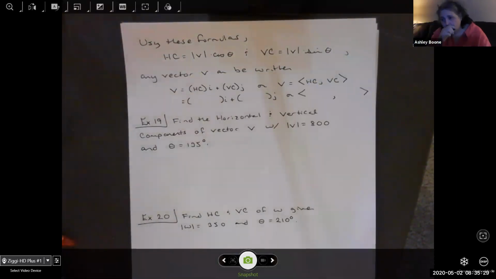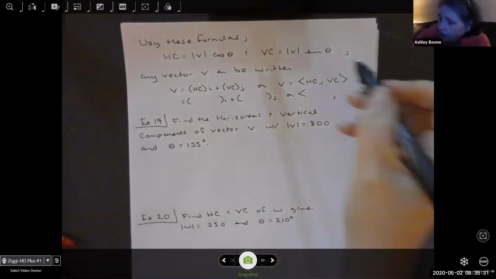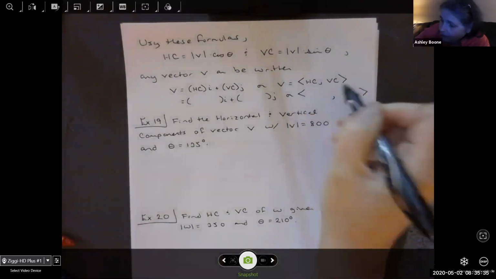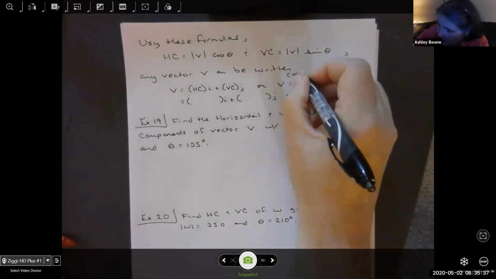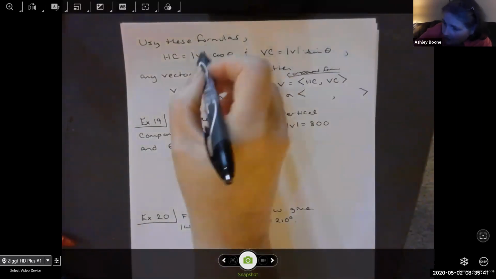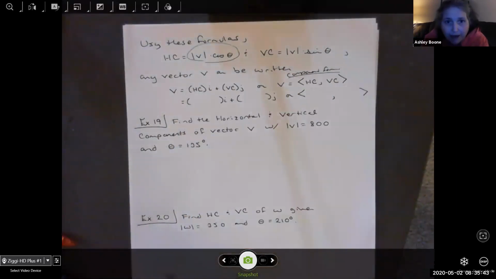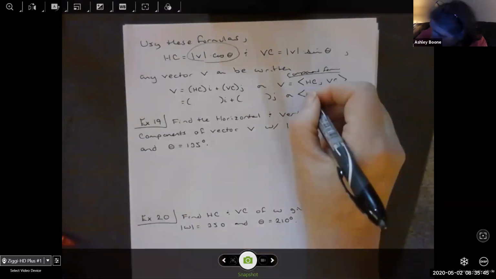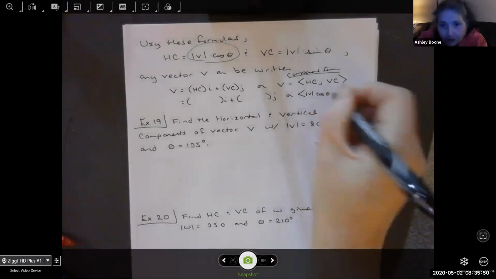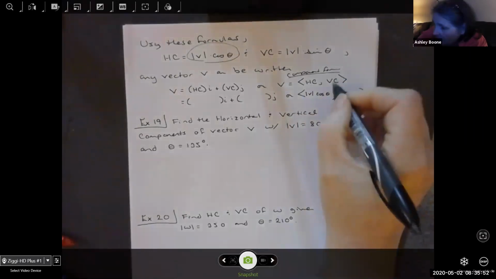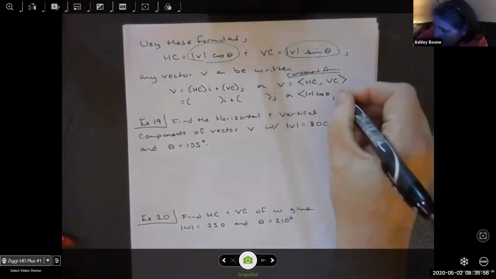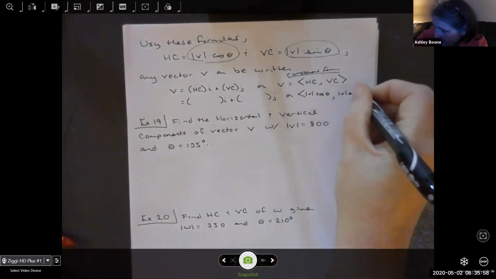For any vector v, we always wrote component form: horizontal component, vertical component. So this was our component form. What is the horizontal component? It's magnitude times cosine. So you can always get that by magnitude times cosine of a central angle. Vertical component, magnitude times sine of the central angle.